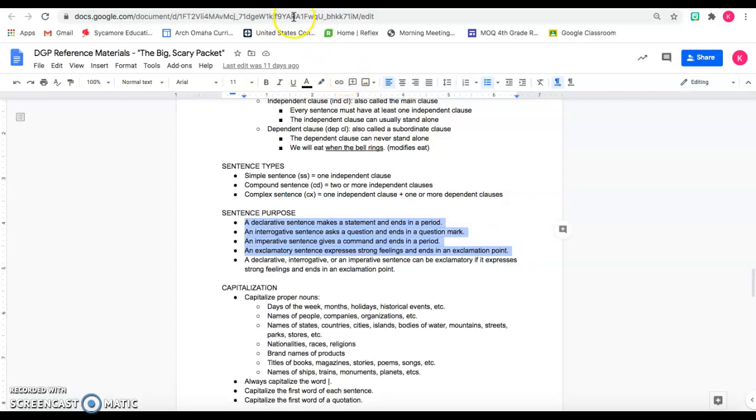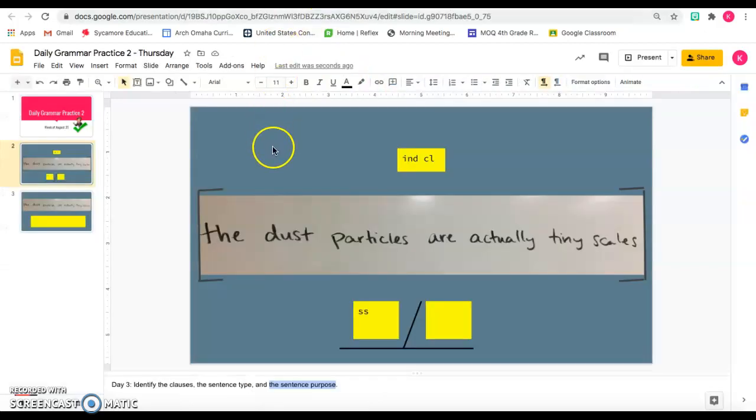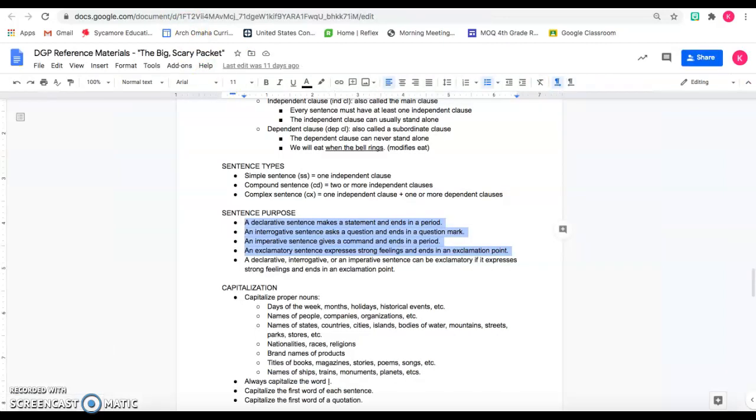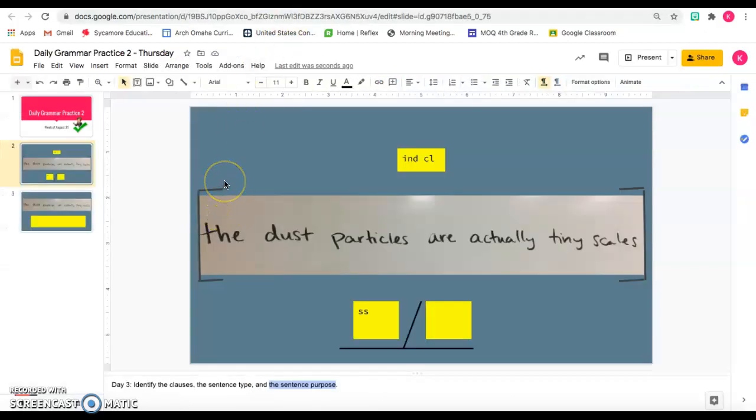Now, our sentence here, the dust particles are actually tiny scales. Is this asking a question? No. So since it's not asking a question, we can rule out that it is interrogative. Is this giving a command? Is this commanding you to do something, like to pick up your shoes or pack your lunch?